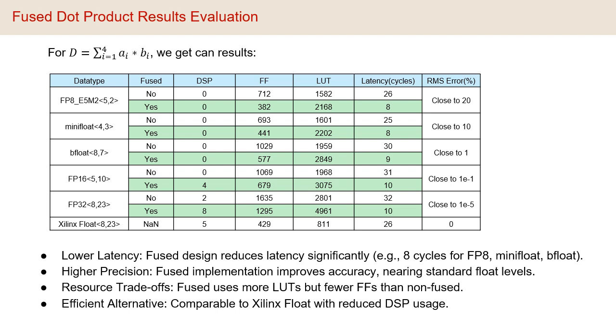It saves flip-flops compared to the non-fused design, showing efficient resource trade-offs. Overall, the fused implementation provides a balanced and optimized solution, achieving comparable performance to standard float with reduced DSP usage.